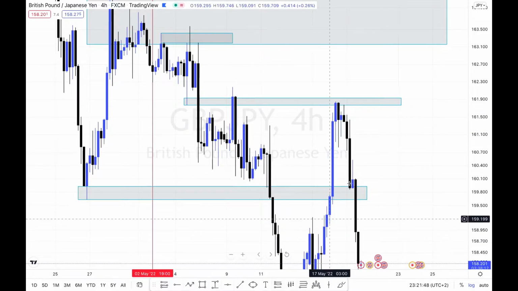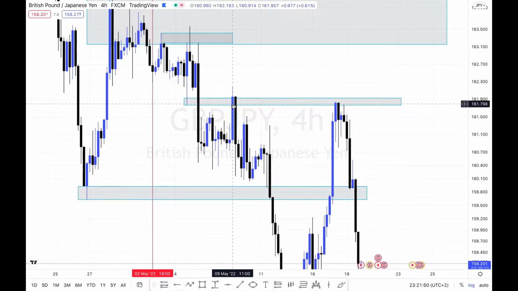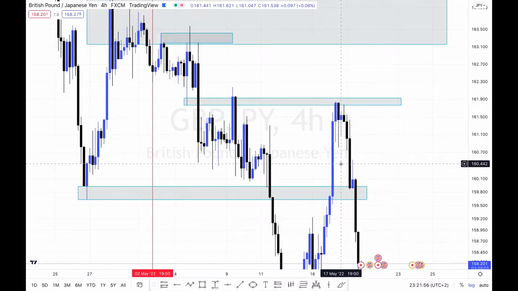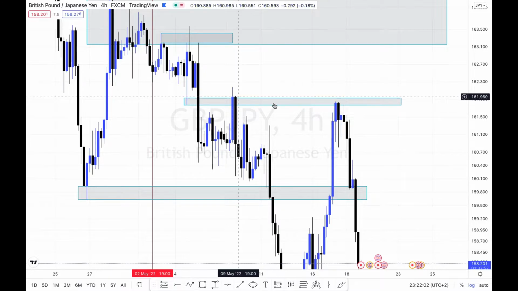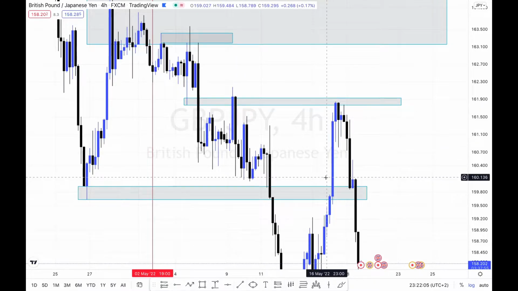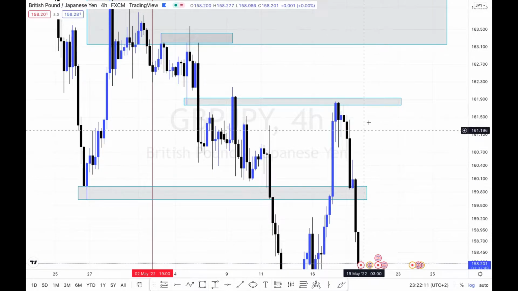So what does this mean? Price touched a level, went down, then came back up, touched that level, then rejected it again. What does that mean? It means that this is a double top, right? It's not perfect. You can see that this leg is longer than this one, but the markets aren't perfect, right? So you should learn how to adapt to them, right? So we are taking this trade.